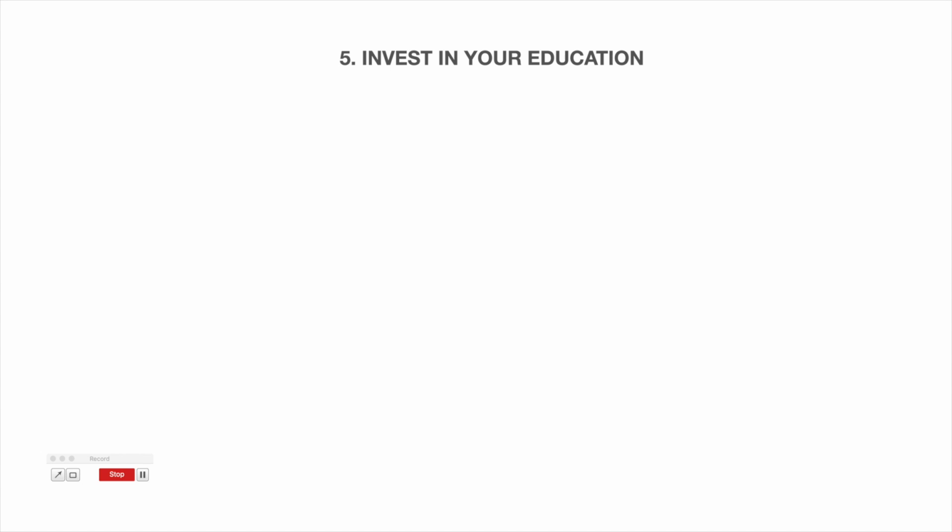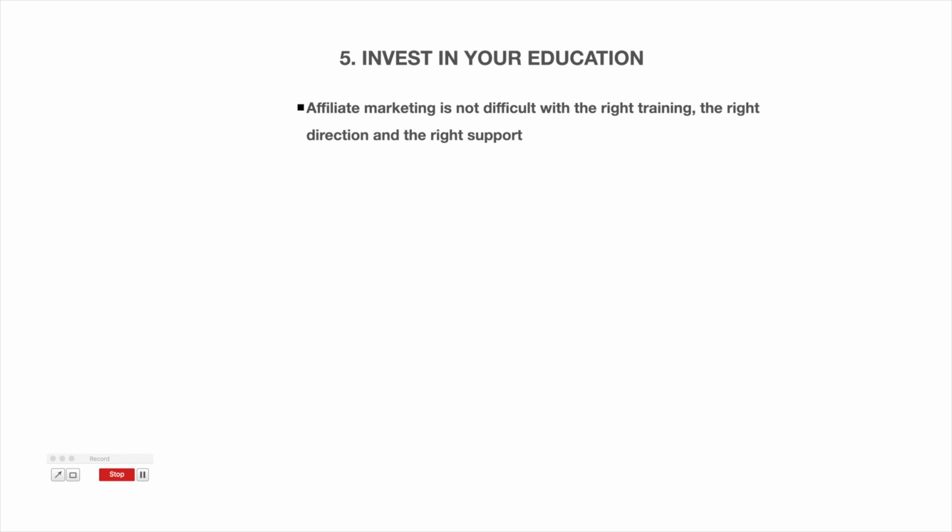And finally, tip 5, invest in your education. Now, I've said it many times that affiliate marketing, it's not easy. I mean, if it was easy, we'd all be doing it and we'd all be millionaires. But that said, it's not difficult with the right training, the right direction, and most importantly, the right support.